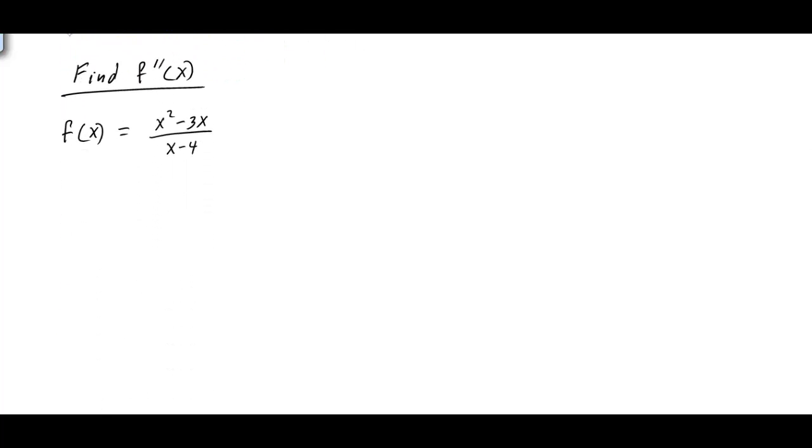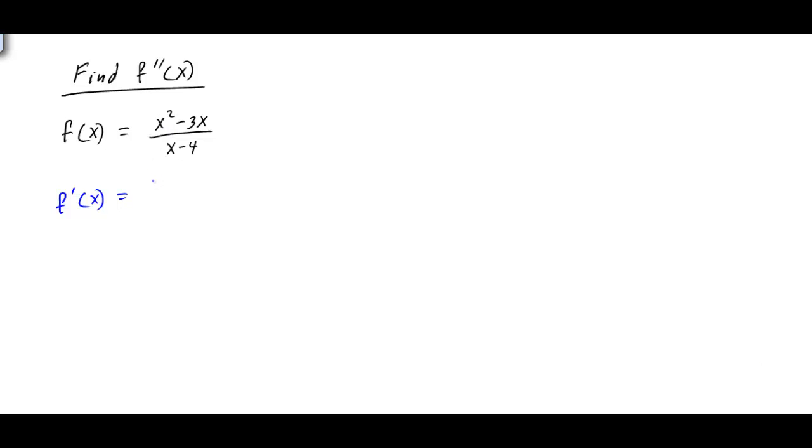So for an example here, if we have this function, x squared minus 3x divided by x minus 4, how can we find the second derivative? Well, the first derivative is going to require which rule? You're going to realize here we have to use the quotient rule.